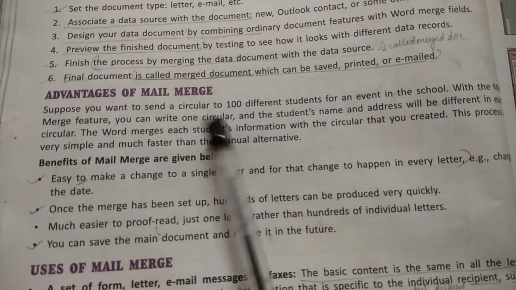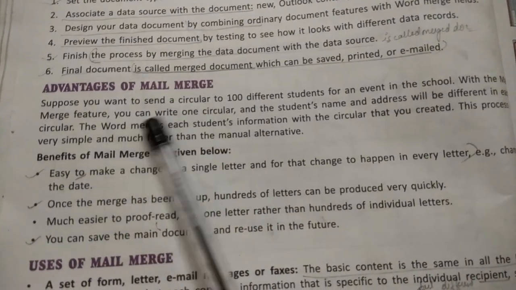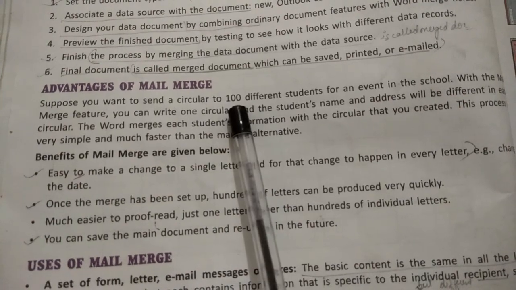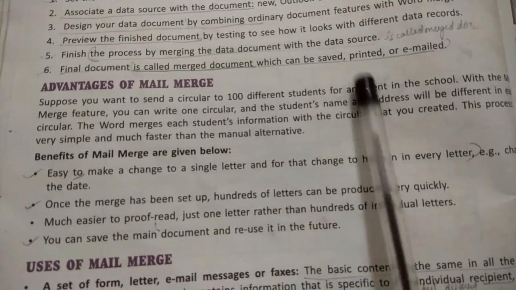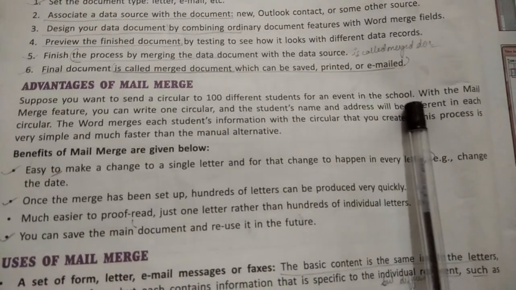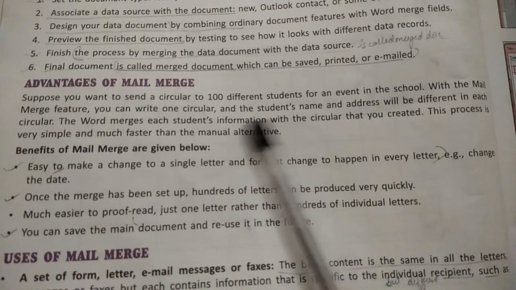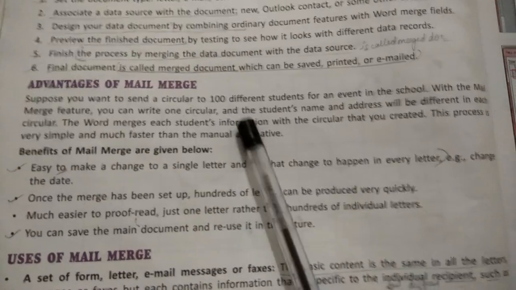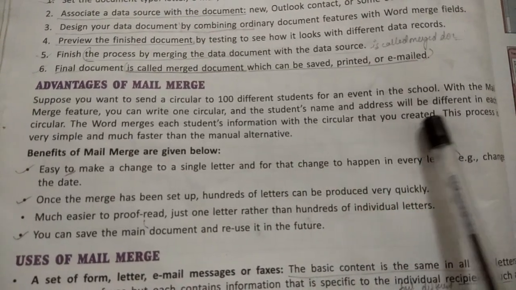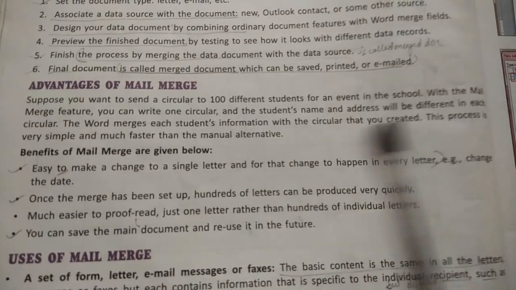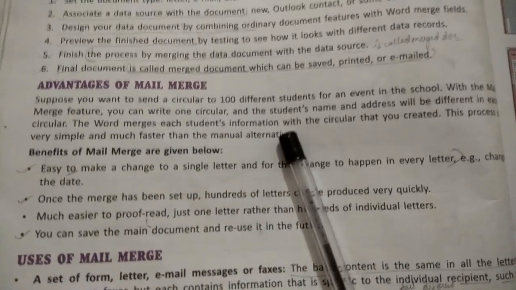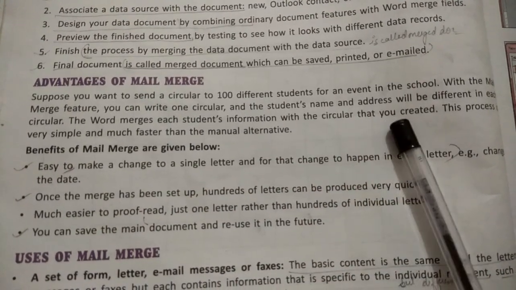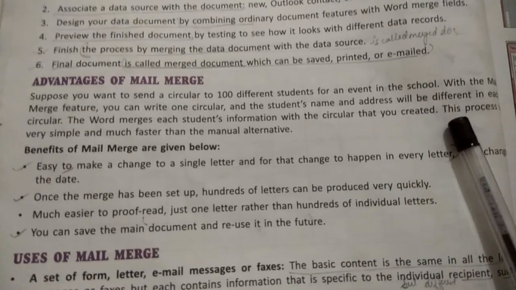Now some advantages of mail merge are, suppose we want to send a circular to 100 different students for an event in the school. With the mail merge feature, we can write one circular and the student's name and address will be different in each circular. Word merges each student's information with the circular that we created.